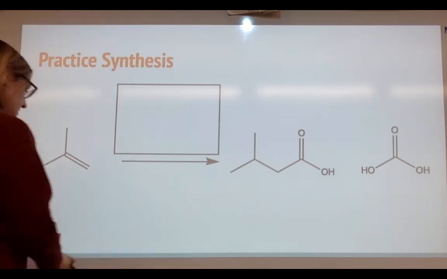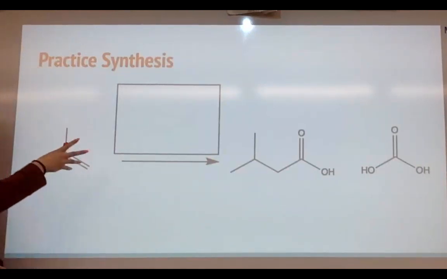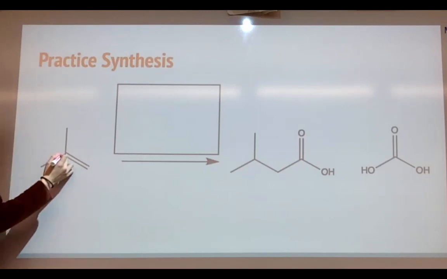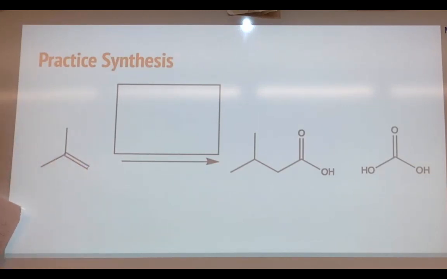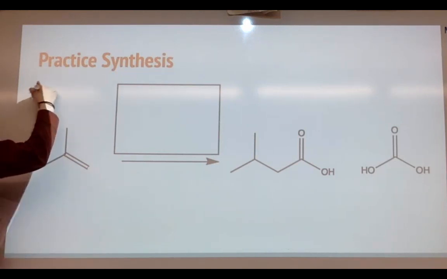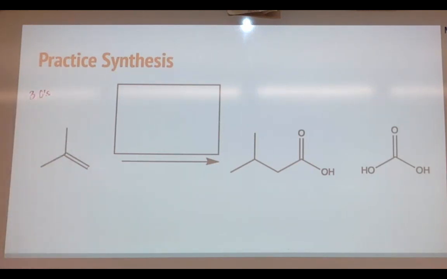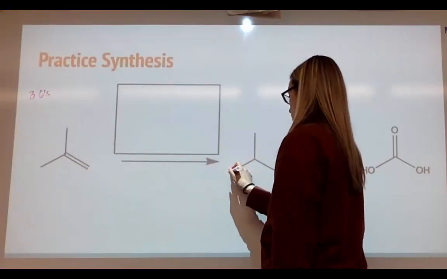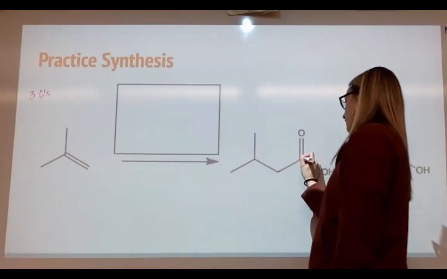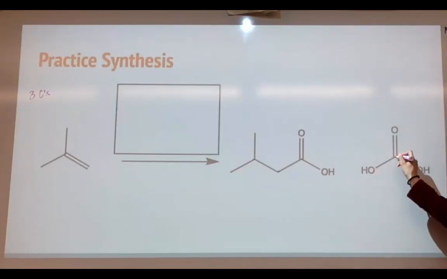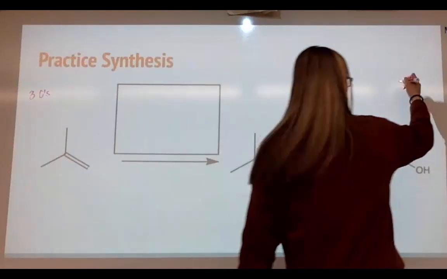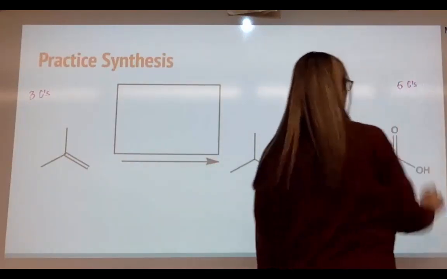So if we take a look at our reactant compared to our product, start by counting your carbons. 1, 2, 3 carbons. So the starting reactant has 3 carbons. Final product: 1, 2, 3, 4, 5. So our final product has 5 carbons.